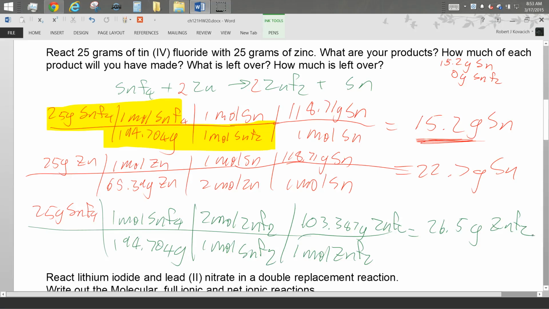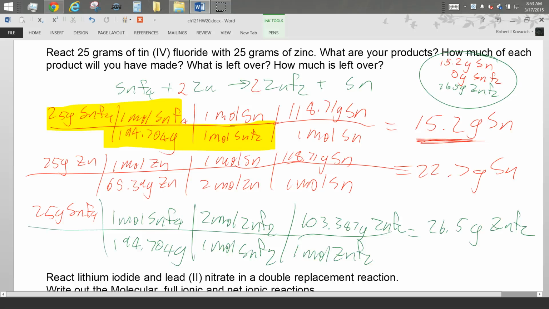All right, so I made 26.5 grams of zinc fluoride. So those things are in my container for sure. And then the thing that I have to calculate is what? How much zinc is left. I know none of my tin 4-fluoride is left, but my zinc is definitely left over.